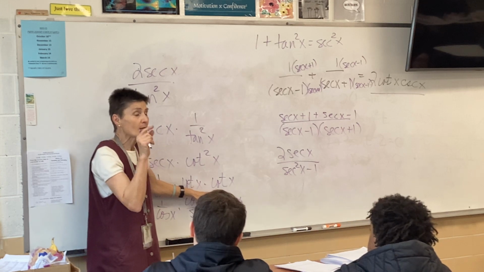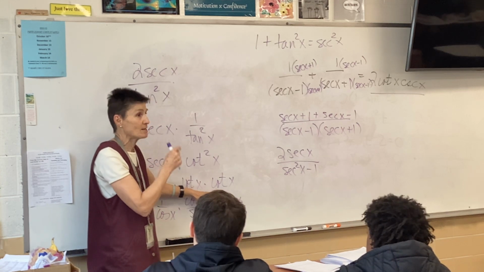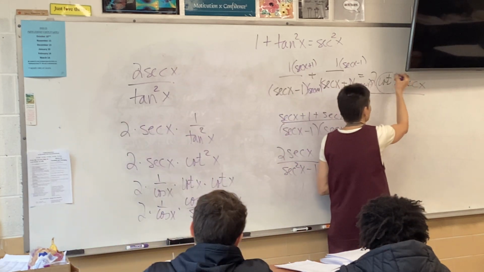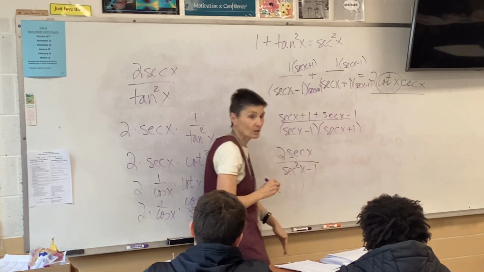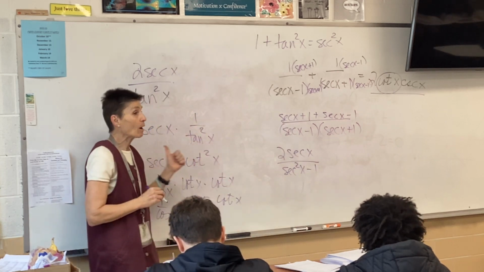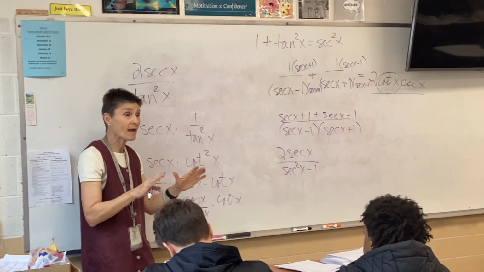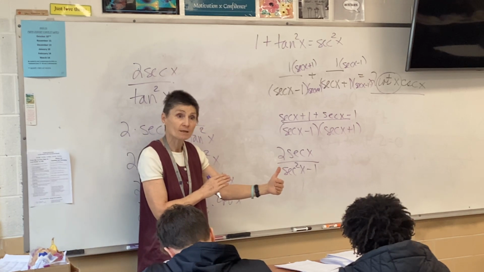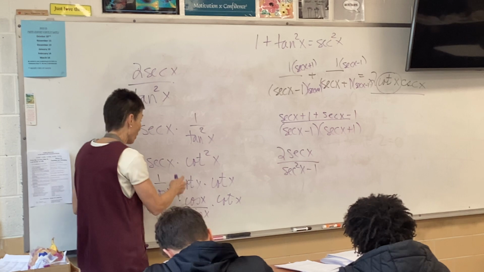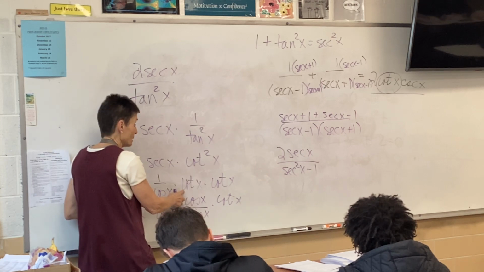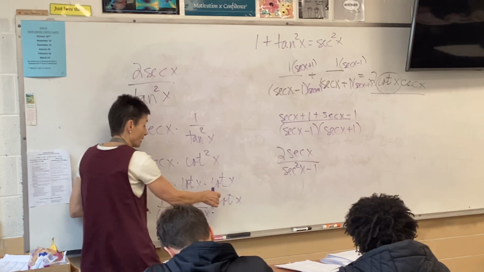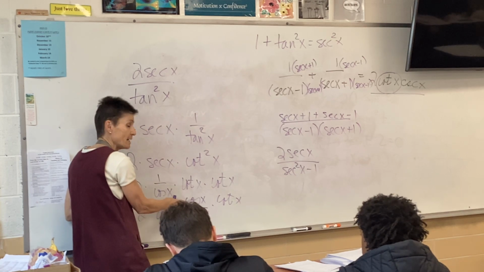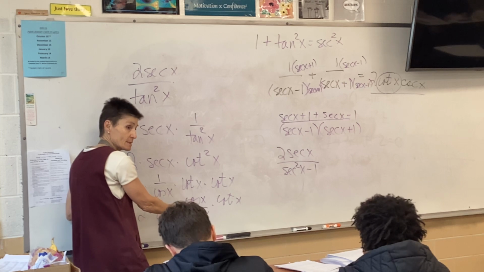The reason Peter didn't want to change both of those is because of my end goal: I have a cotangent. If he got rid of both cotangents, he'd have to get one back, because I have to end up with a cotangent. So he split them apart: leave this one as a cotangent, but write this one as cosine over sine.